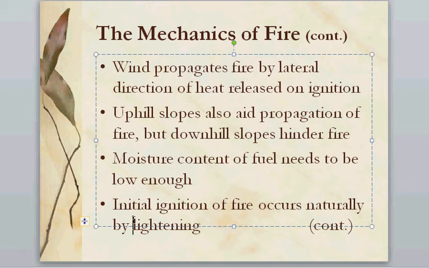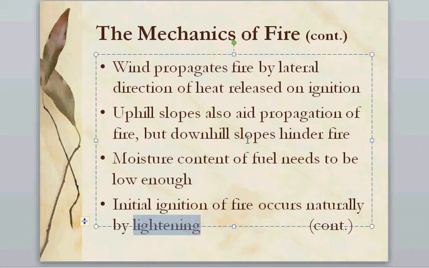Okay, so a lightning storm may occur, and particularly if it's a dry lightning storm, no rain, then a lightning strike may hit the ground and cause a shower of sparks, and those sparks may fall onto the forest floor, and that will be a point of ignition. So the combustible gases will start burning, heating up the adjacent fuel and propagating through the understory.